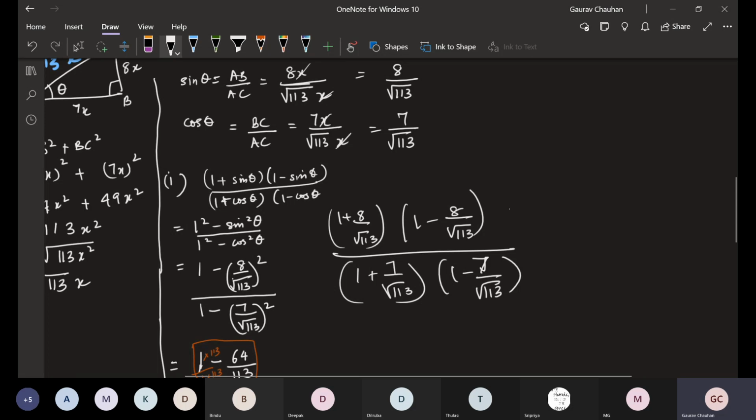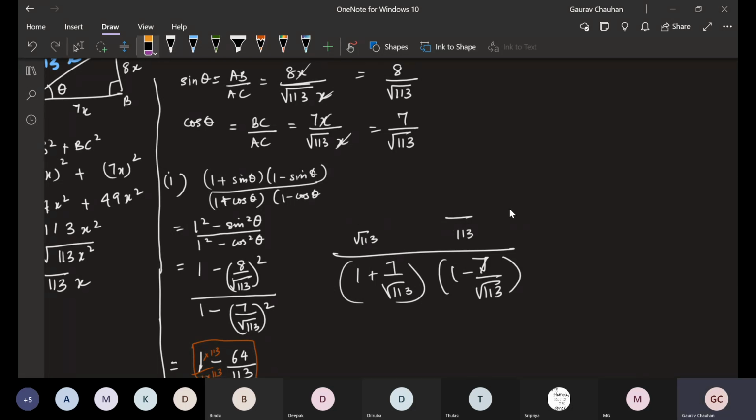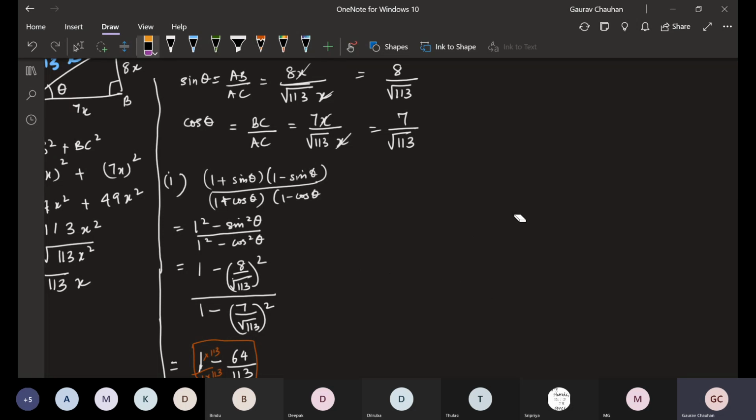So basically, if you are able to spot there is an identity at play, then use it. Here it is both in the numerator and denominator: a plus b into a minus b is there in the numerator also. This is a, this is b.